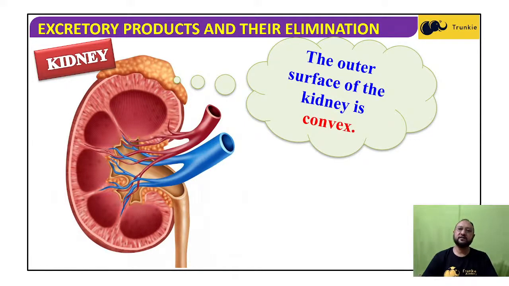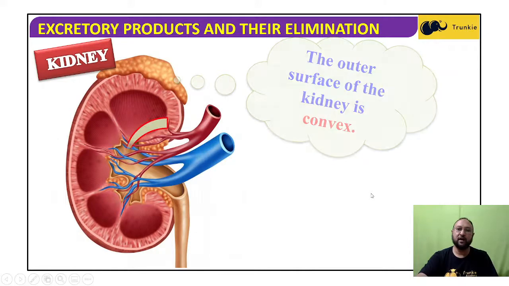The outer surface of the kidney is convex, like a bean, and the inner side is concave, where the blood vessels come in. On the upper side, there is the adrenal gland, an endocrine gland.